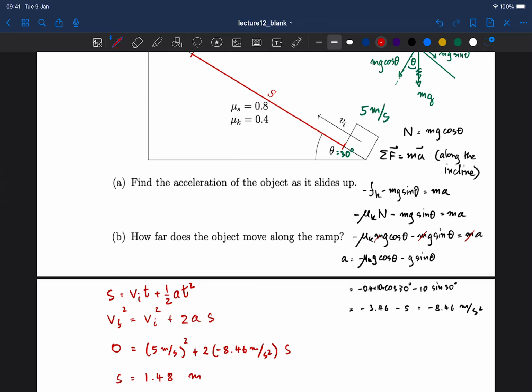Well, the acceleration is negative, but s, which is the displacement, must be positive because it's in the positive direction.